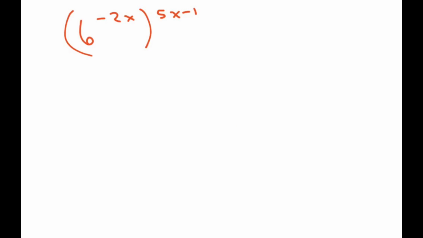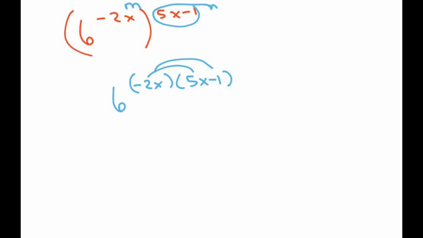And the next one is your power property. This is your m, this is your n, so you're going to multiply them. So it's 6 to the negative 2x times 5x minus 1. So just distribute here. You get 6 to negative 10x squared plus 2x.